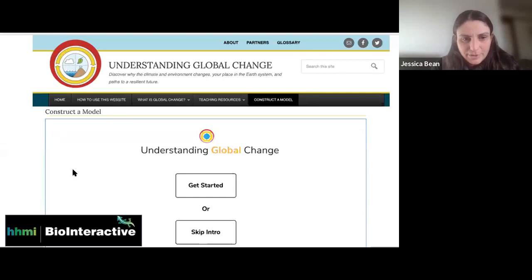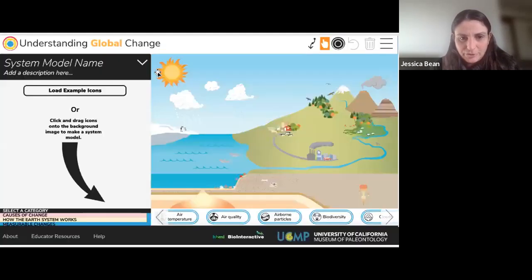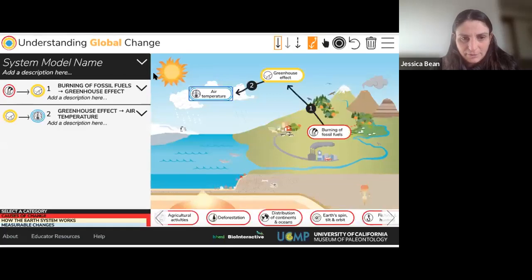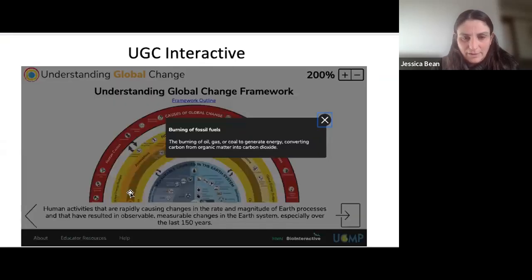And as I mentioned earlier, we also have a digital tool that's part of the CLEAN collection as well. We're honored to be there. And this is a great tool because it allows you to drag and drop icons and create models. You can also annotate the models and provide explanations of what you mean by burning fossil fuels changes the greenhouse effect. And you can export this in all sorts of ways, which I'll show you in a second.